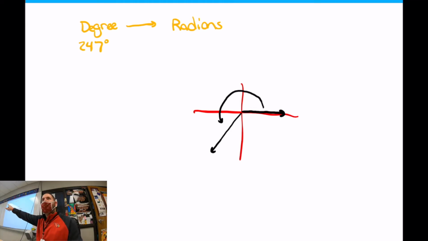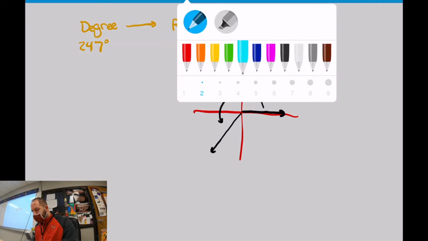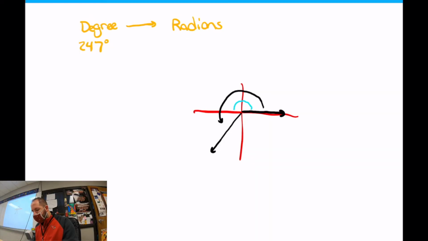Going straight across would be 180, and I went past 180. All the way to here is 180. If I went to here, that's 270, because those are your major quadrantal angles, the ones that land on the axes. I didn't go quite to 270.